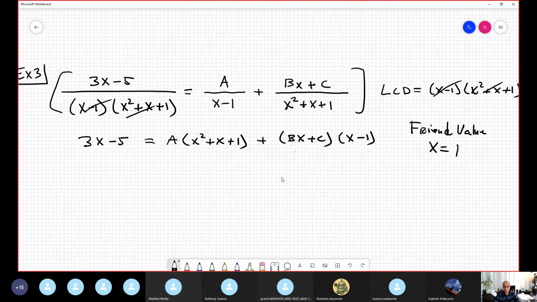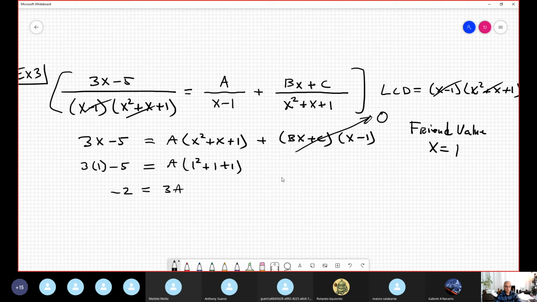Because when you plug in 1, that part disappears. So 3 times 1 minus 5 is equal to A times (1 squared plus 1 plus 1), and that other part I don't care about because it's 0. 3 minus 5 is negative 2, and it's 3 for 1 plus 1 plus 1. Therefore, A is negative 2/3. You write it here: negative 2/3.